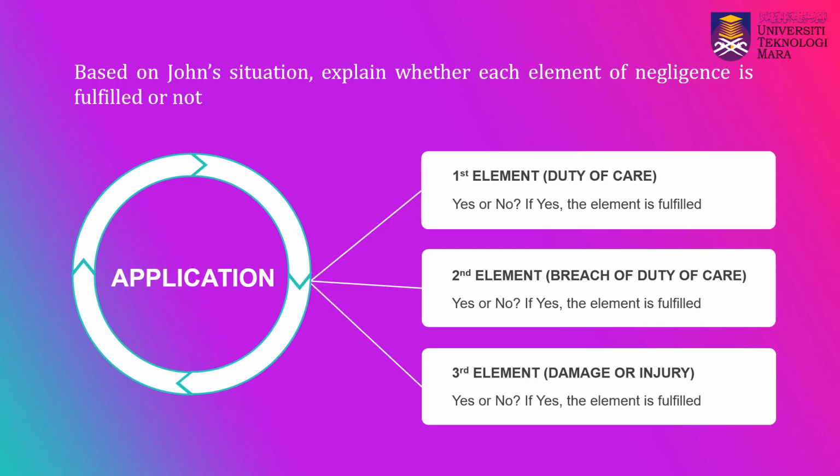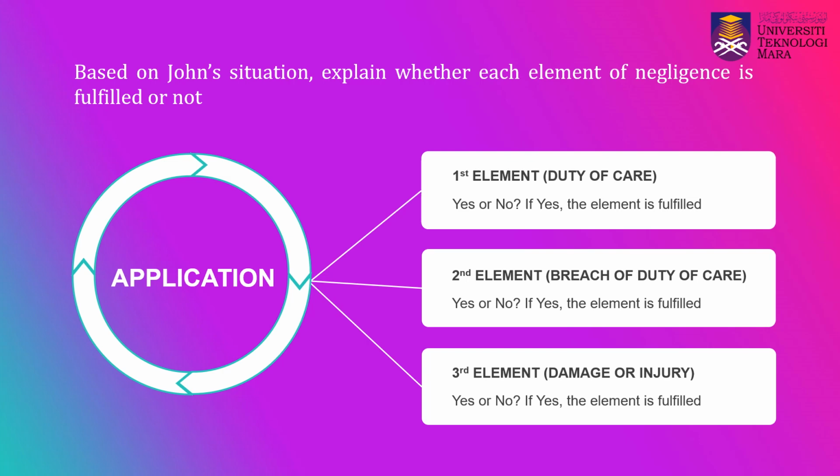So, based on John's situation, students need to explain whether each element of negligence is fulfilled or not under application. Students need to prove each and every element. The first element is duty of care, second element breach of duty of care, and third element is damage or injury.